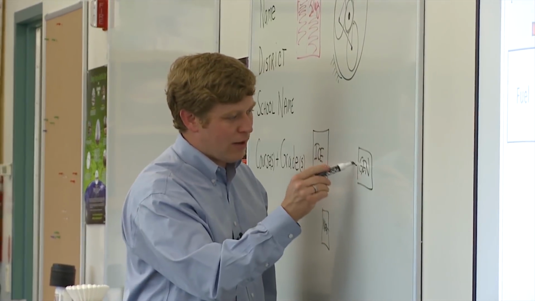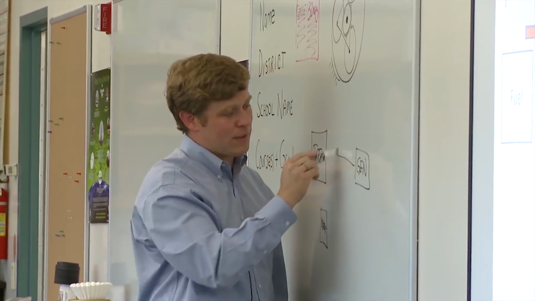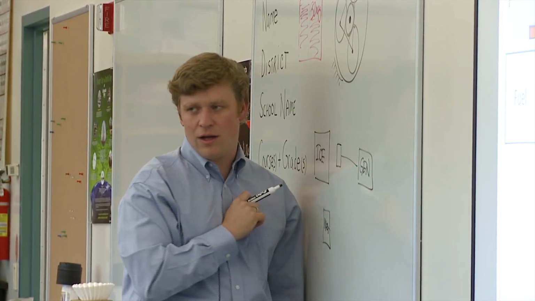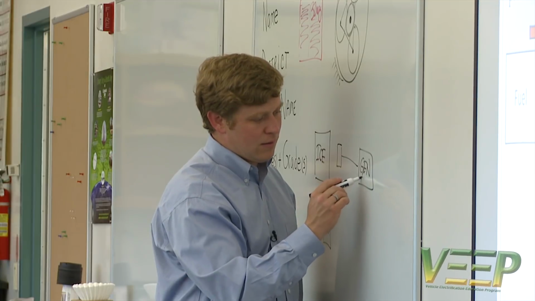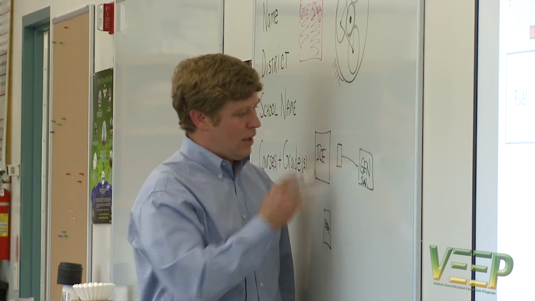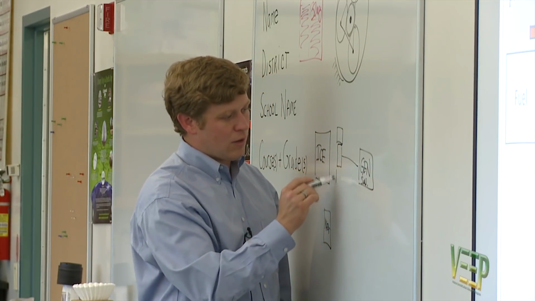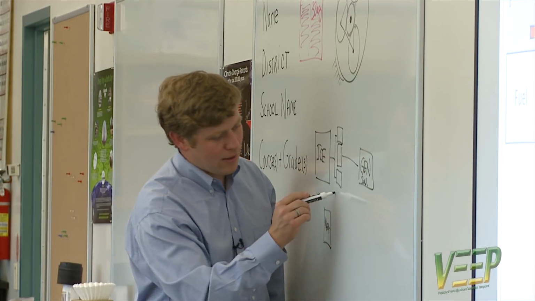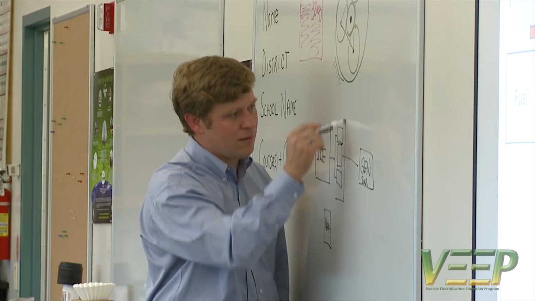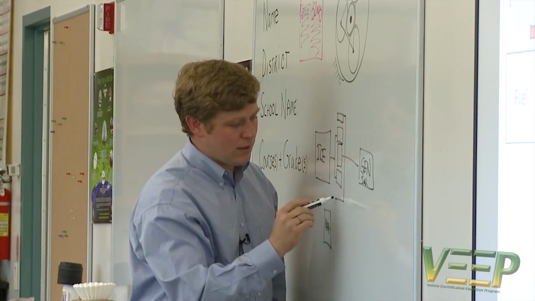Okay, so the generator, I'm going to draw the same thing from the side. The generator drives the sun gear. The engine drives the planet carrier, and I'll draw it like this.